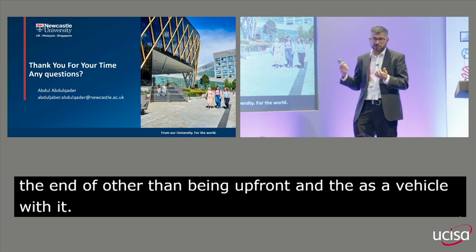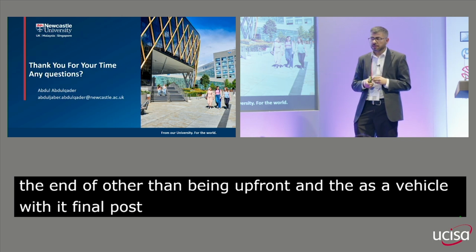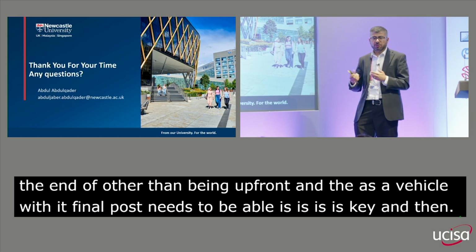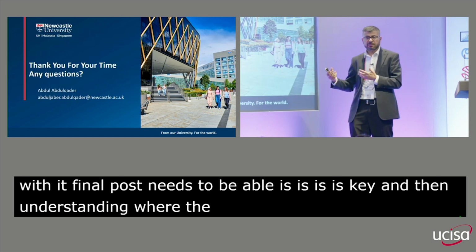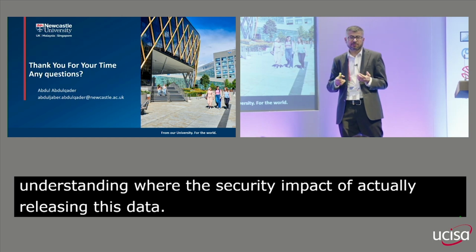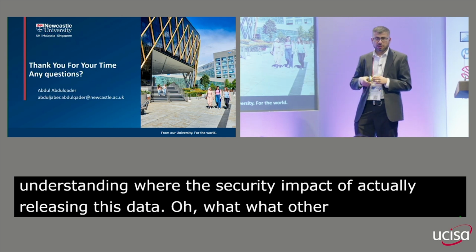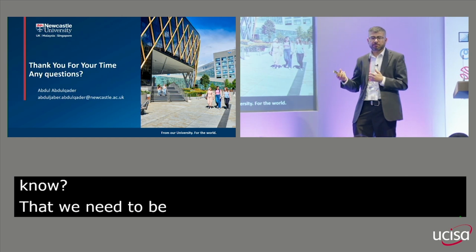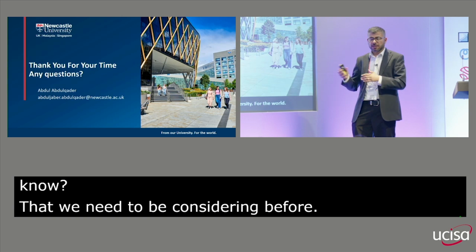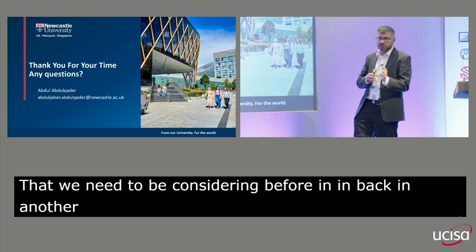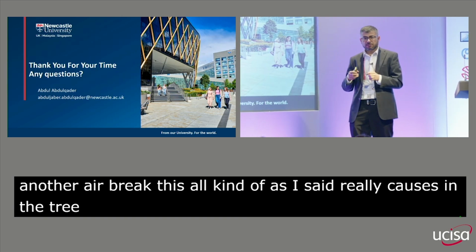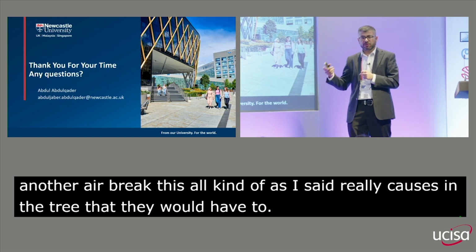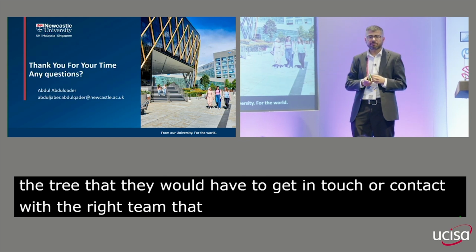Signposting people is key, and then understanding the security impact of releasing this data, and the GDPR, which we need to consider before embarking on an AI project. These are all prerequisites in the tree, where people have to get in touch with the right team that the tree addresses.